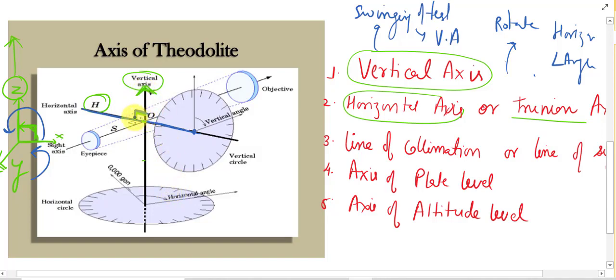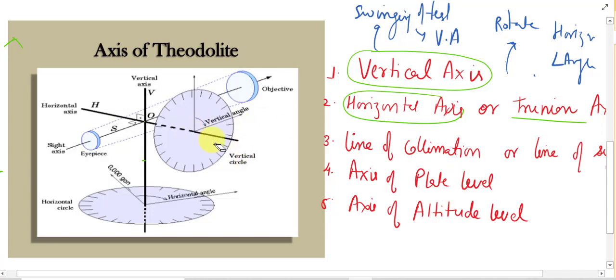These are the important points, because they can cause errors in your telescope, and that is why we will discuss errors in the telescope in the next lecture. So we have covered our two axes in detail. Then I will go to the third axis, which is known as the line of collimation or line of sight.